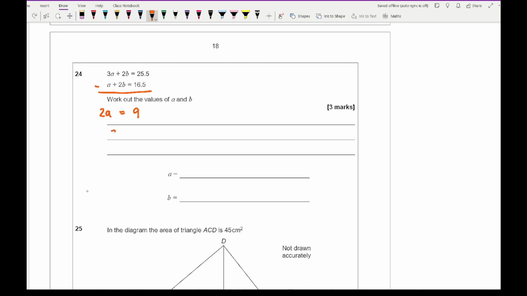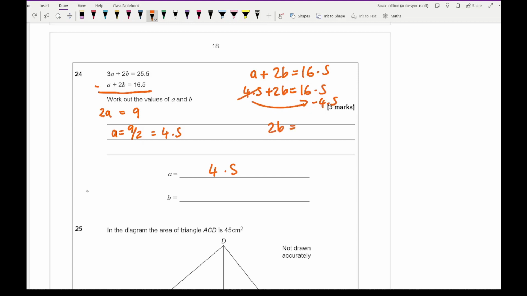So a, therefore, is going to equal 9 over 2, which is 4.5. So a equals 4.5. So then if I then use a plus 2b equals 16.5, I know a is 4.5. So then if I take that away, I end up with 2b equals 12, and so b equals 6.